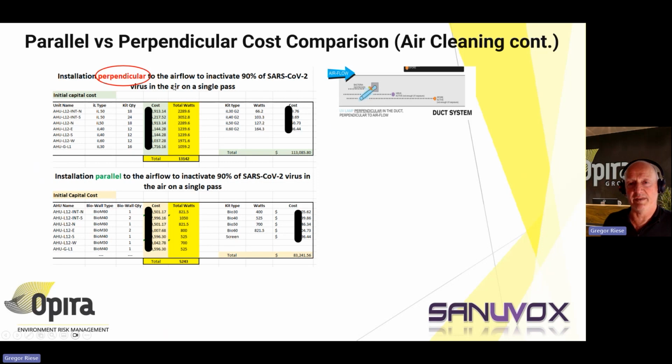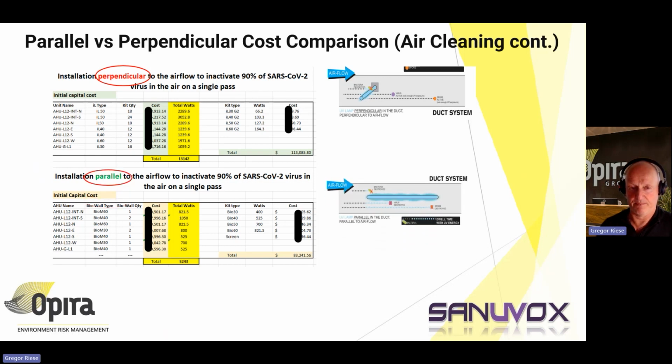And with our software, we can also calculate the relative costs of trying to inactivate or achieve disinfection. In this example, we're trying to achieve a 90% single pass disinfection of SARS-CoV-2. One's a perpendicular installation versus a parallel installation.